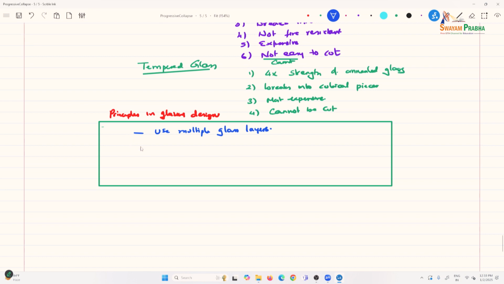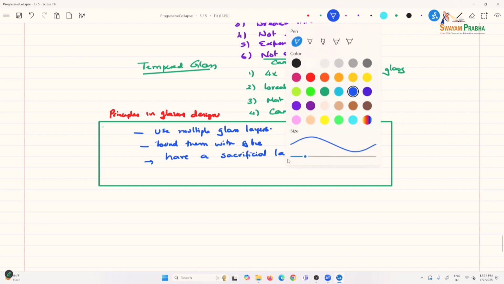You use multiple layers of glass, bonded with glue, and then you could have a frangible sacrificial layer on the blast side.